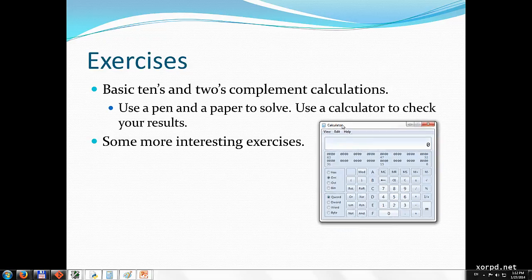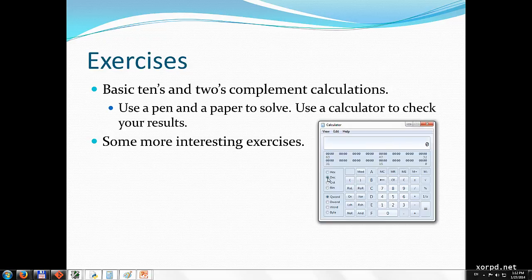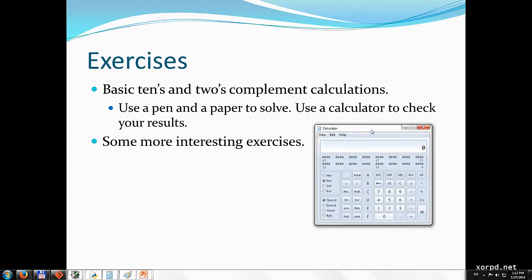If we pick here the decimal option, then we could write, for example, some signed decimal number, just like you would usually do with a calculator. For example, minus 16 equals minus 16. And we have here this result, minus 16.